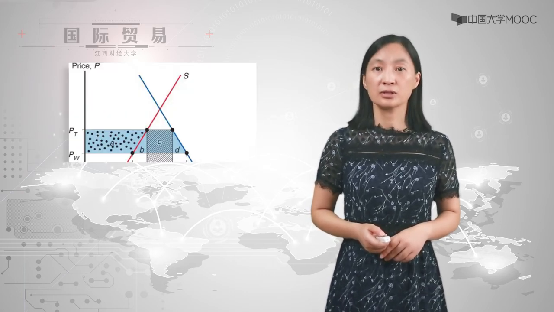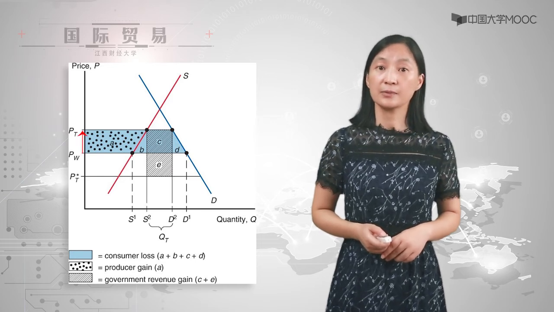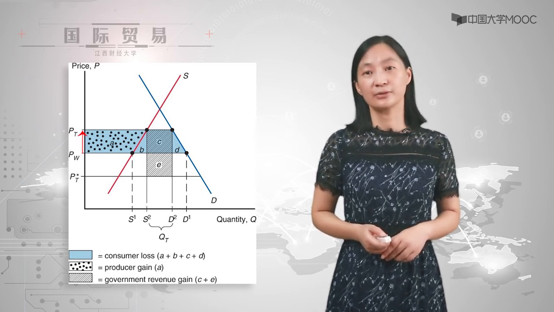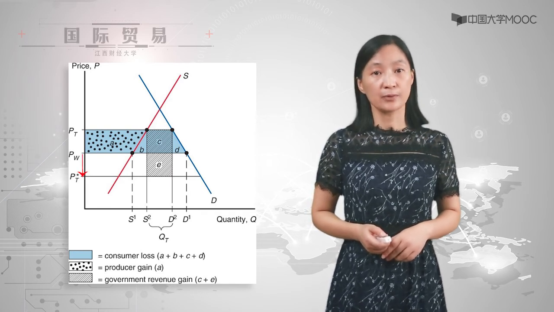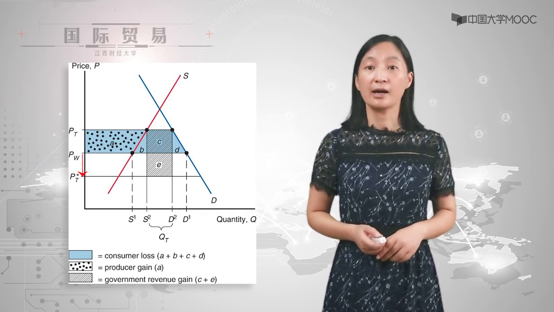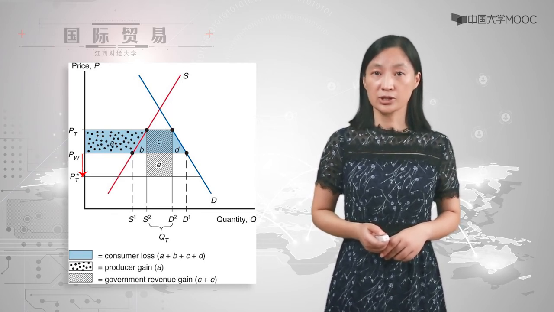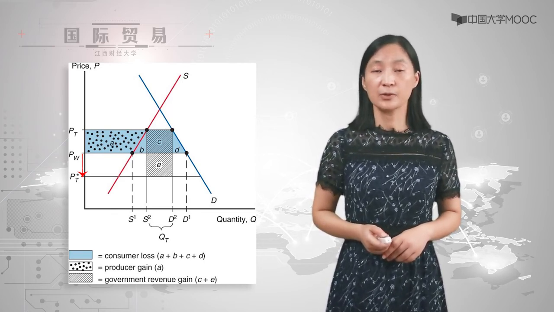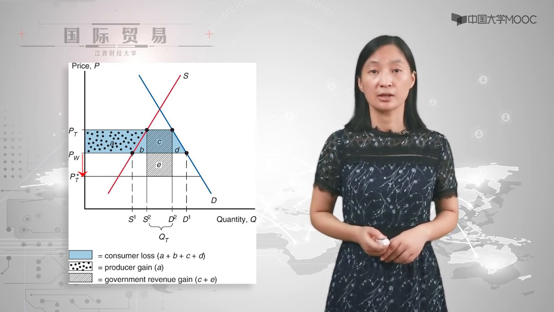Second, we assume the importing country is a large country. Because it's a large country, although the tariff raises the domestic price from PW to PT in figure 5, it lowers the foreign export price from PW to PT star at the same time, which is different from a small nation in which the tariff's burden falls entirely on domestic consumers.